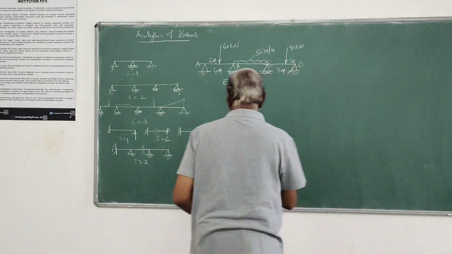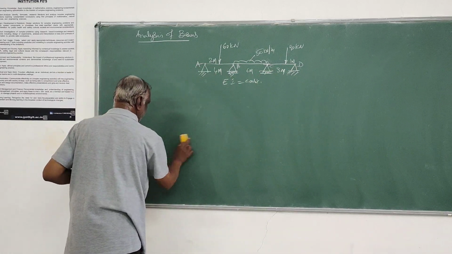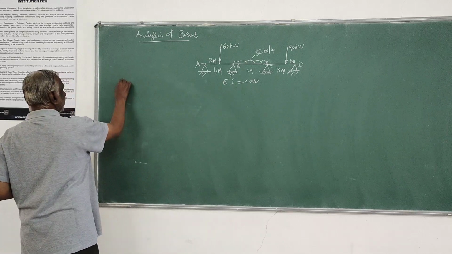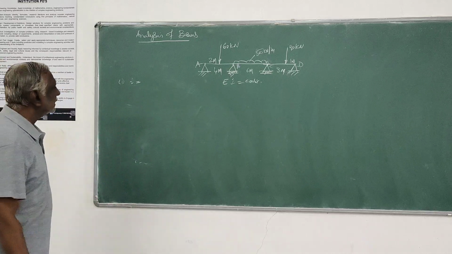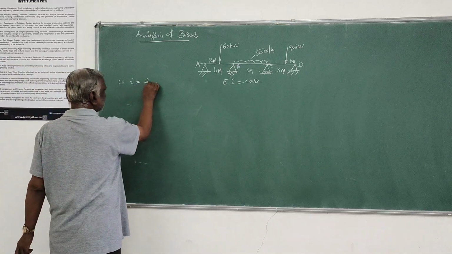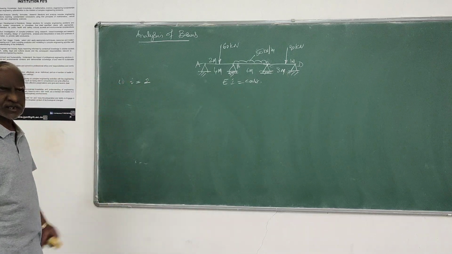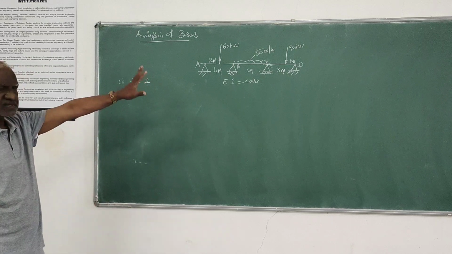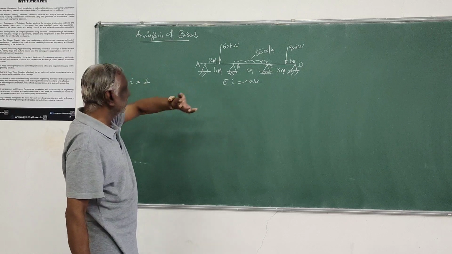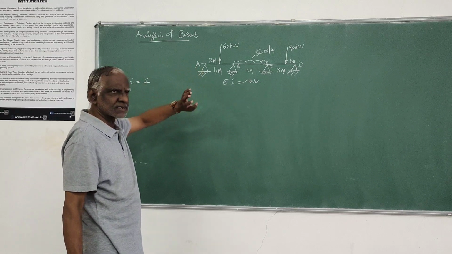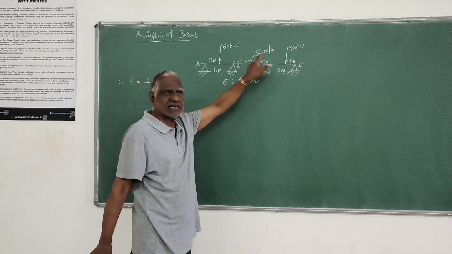So as usual, you can follow these 4 steps, whatever I have already given in the previous class. The first step, you have to find degree of static indeterminacy. Here, degree of static indeterminacy is 2. As I told you, in all these continuous beam problems, unless the secondary load or settlement of support is given, you can work the problem by taking moments as the redundant.